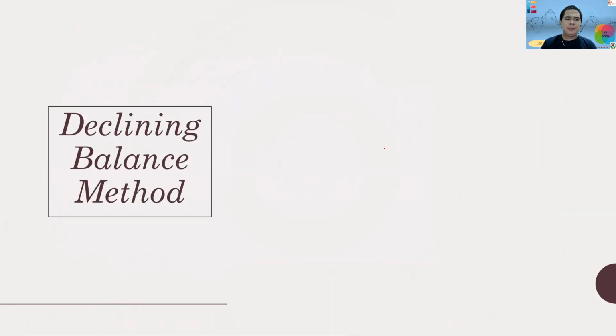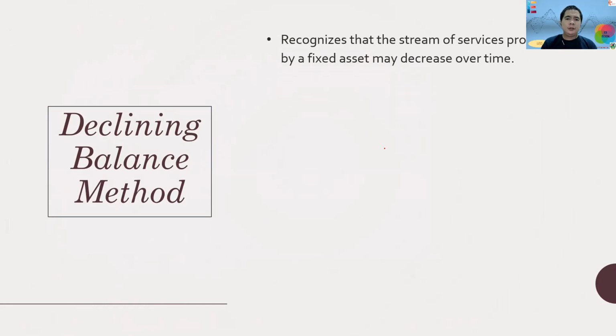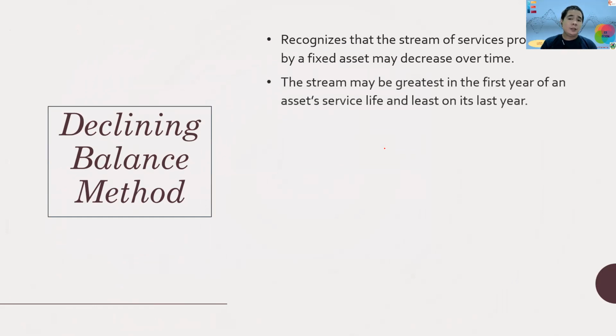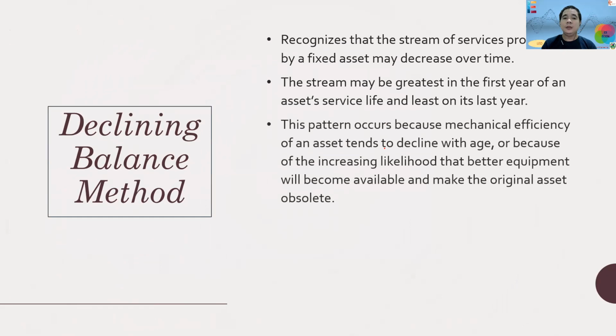Next, what is the declining balance method? It recognizes that the stream of services provided by a fixed asset may decrease over time. How so? Basically, the stream may be greatest in the first year of an asset's service life and least in its last year.